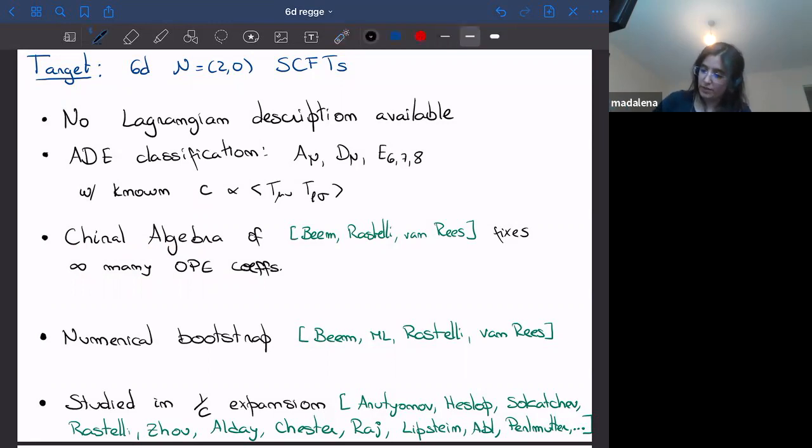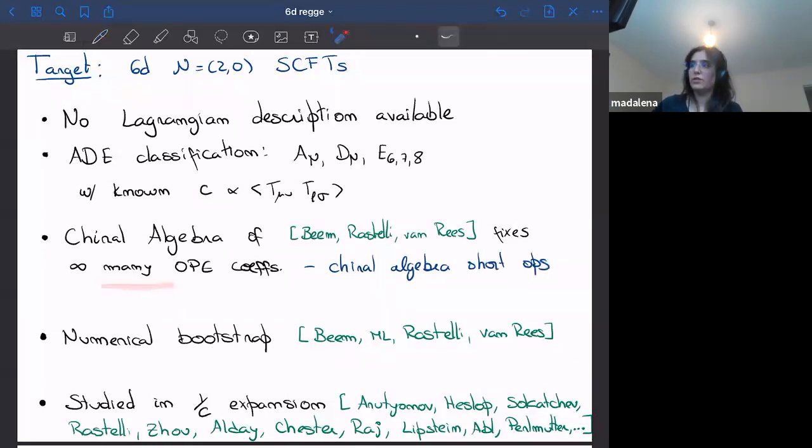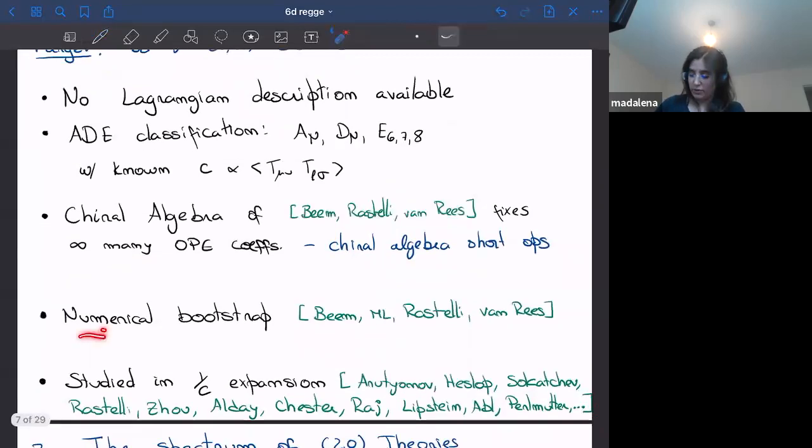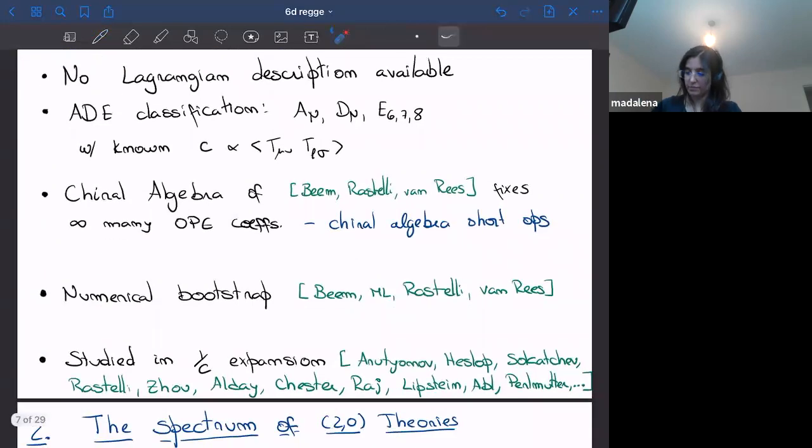So I will be calling these chiral algebra short operators. So this is an input we get to use. And we also look at this numerically. So we have some numerical estimates. Whenever we play this iterative bootstrap game, we can compare with the numerical results and see how it works.